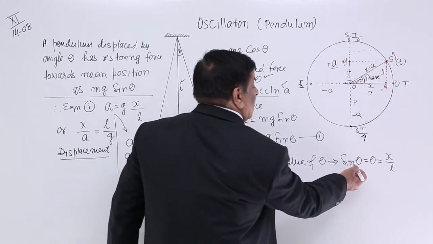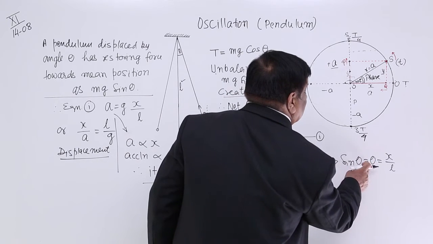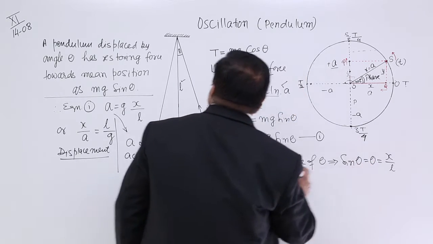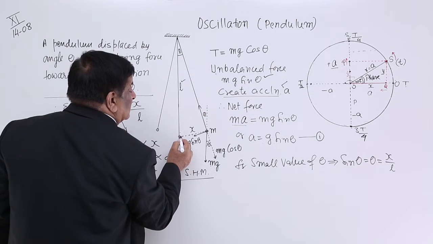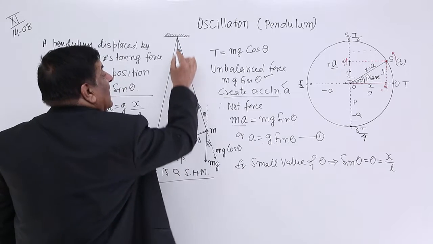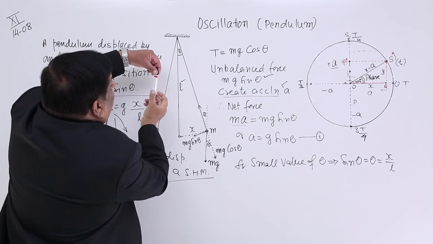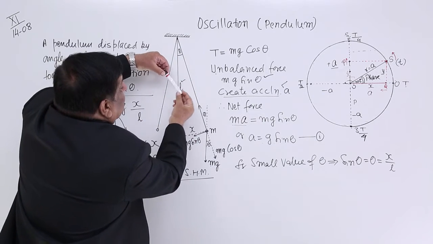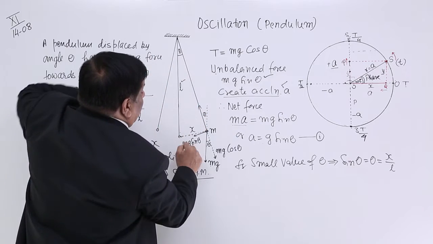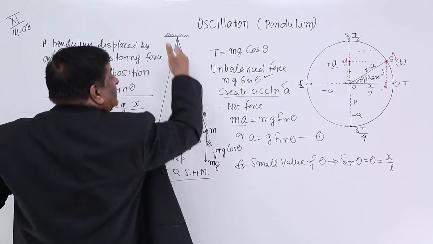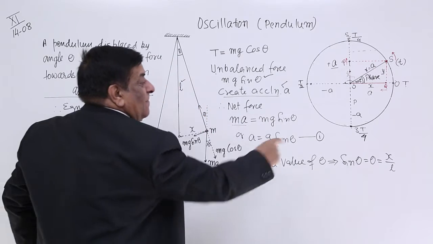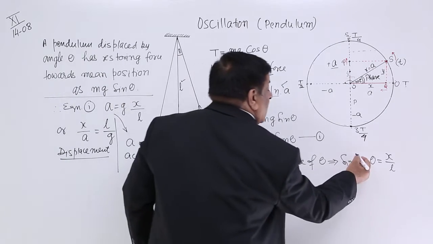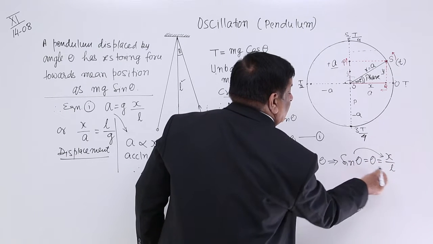So sin theta is theta and theta is arc upon radius. For this theta, arc is this displacement x and radius is L, because this is a rotational motion like this. So this is arc, this is radius. So x upon L is theta.